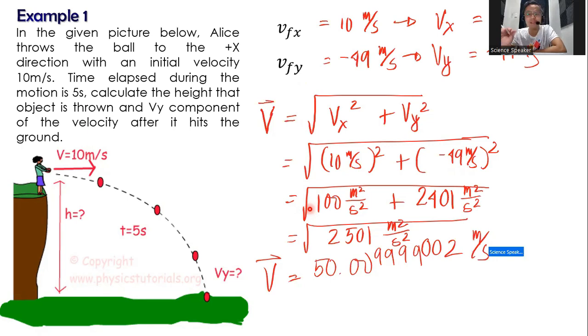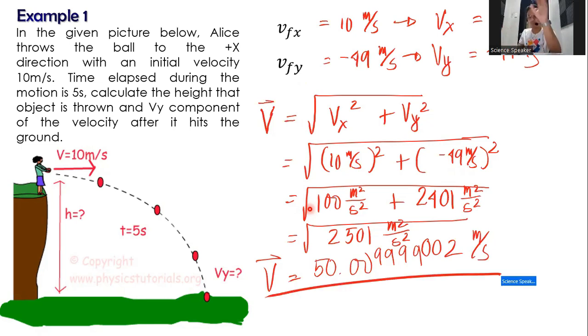This is the velocity of the ball before it hits the ground. But when you say the x component, it's 10, and when you say the y component, it's negative 49 meters per second.